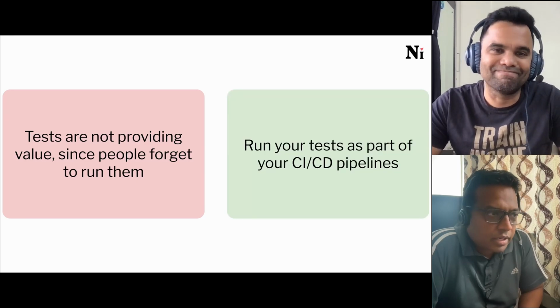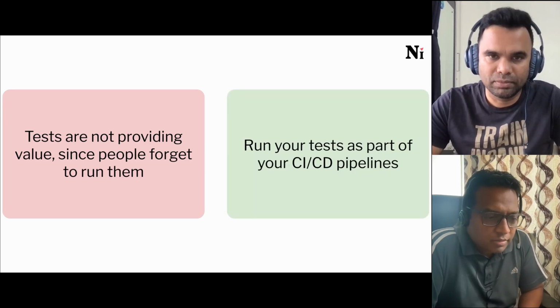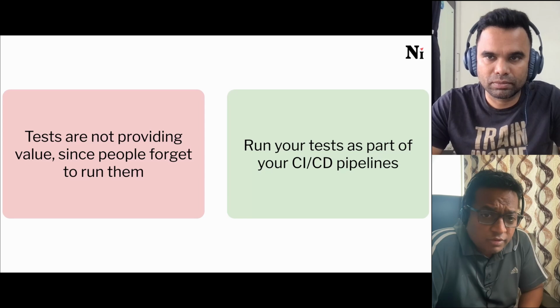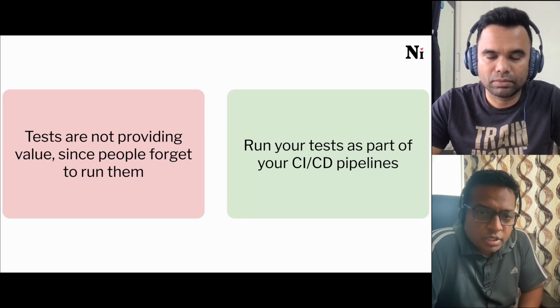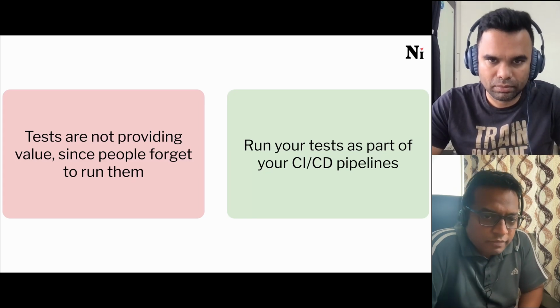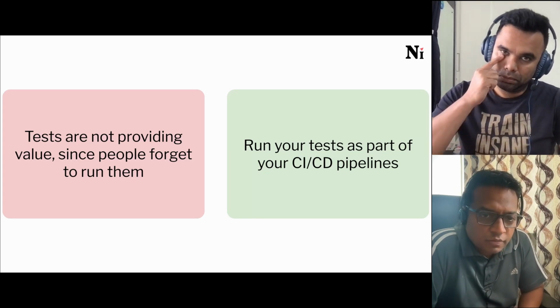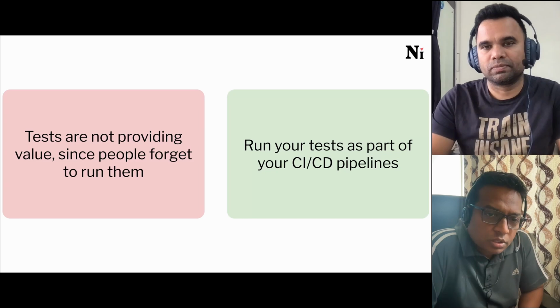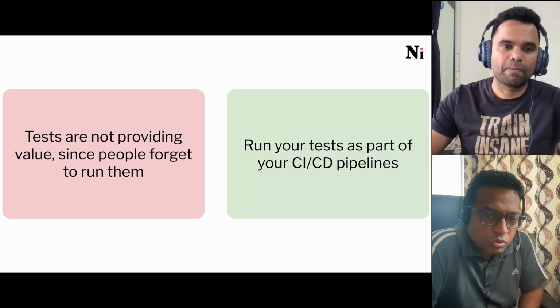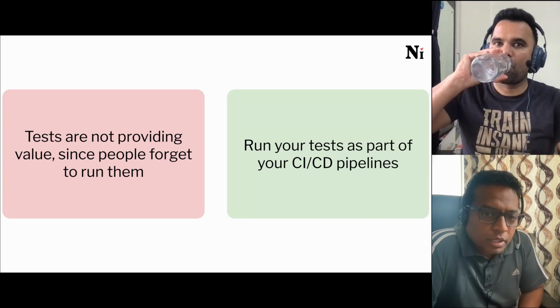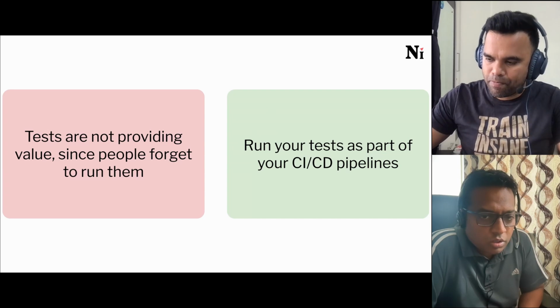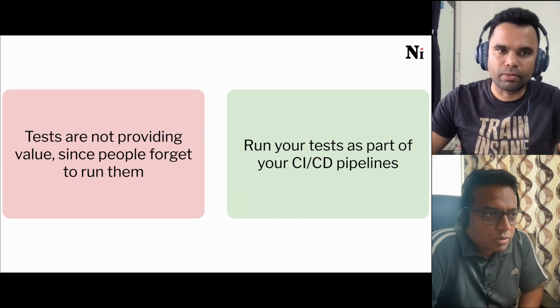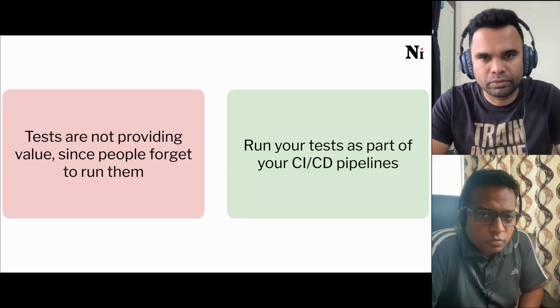So if we combine some of the things that we've talked about earlier in this episode, if you have a set of tests that you've written thoughtfully, if you have a set of tests that run fast because you are depending a lot more on unit tests and a lot less on end-to-end tests, then your test suite can run within a few minutes.